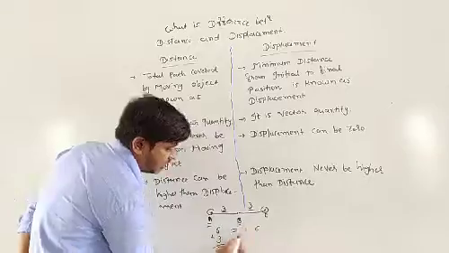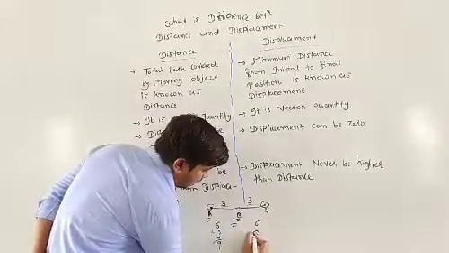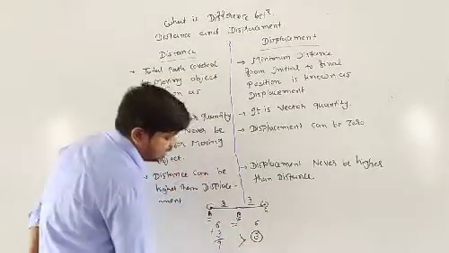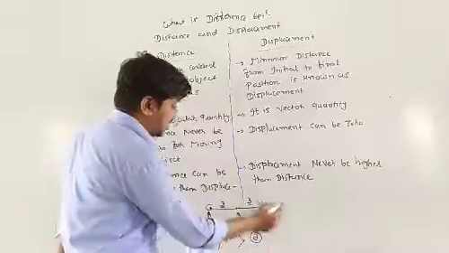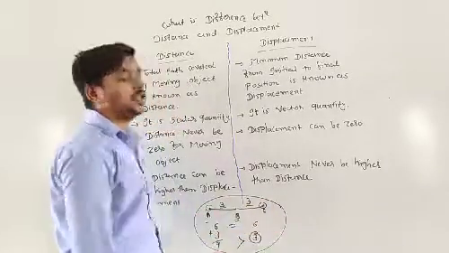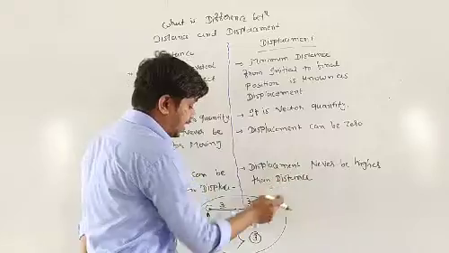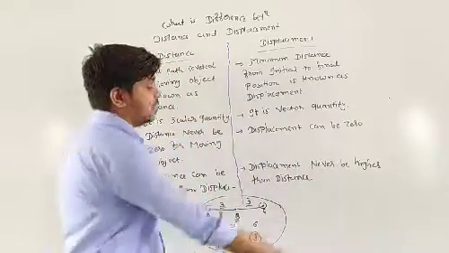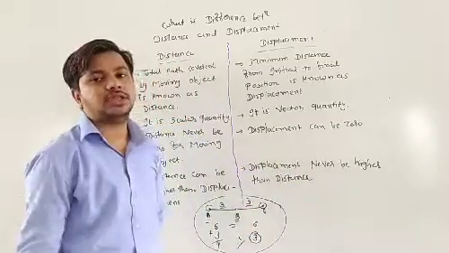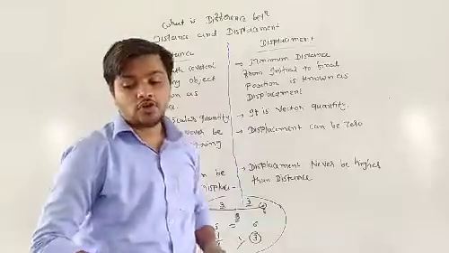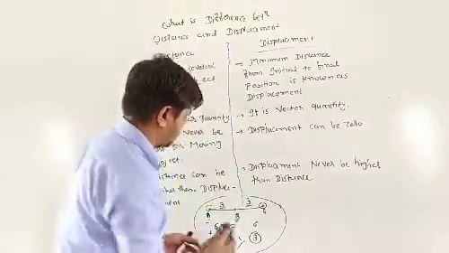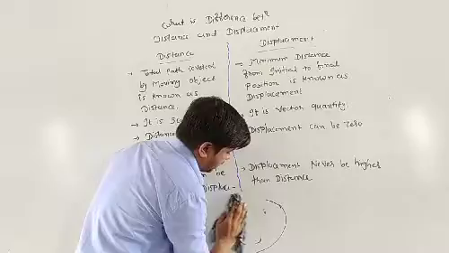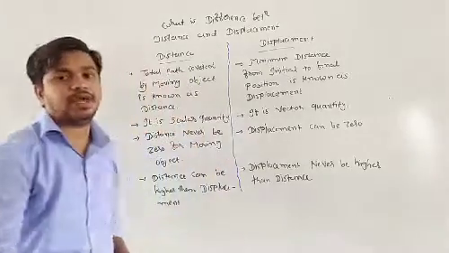Initial is A, final is B. So it becomes only 3, which is less than 9. So you can say that the displacement can be less than the distance, but never higher than the distance. So here are the 4 points of difference for distance and displacement.